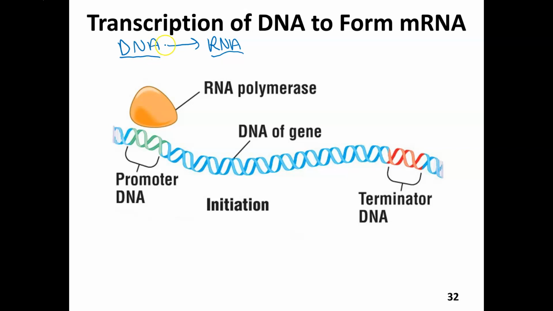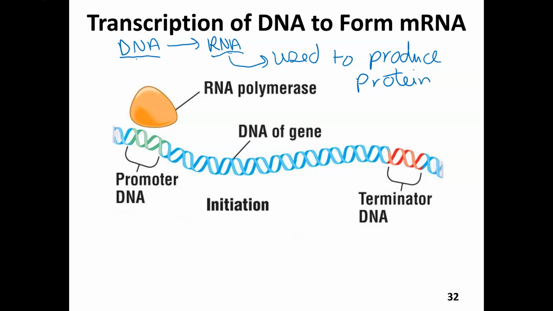So we take DNA, we convert it to an RNA, and then that RNA can go out and actually be used to produce a protein. And that is transcription, okay? Taking the DNA and converting it to that language that we can read or we understand.